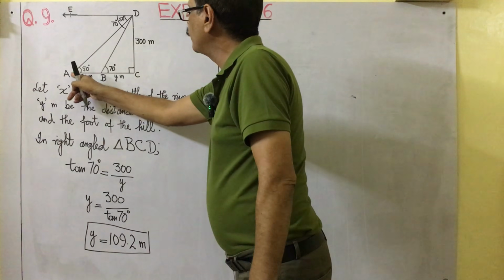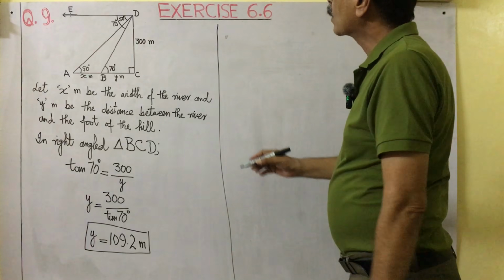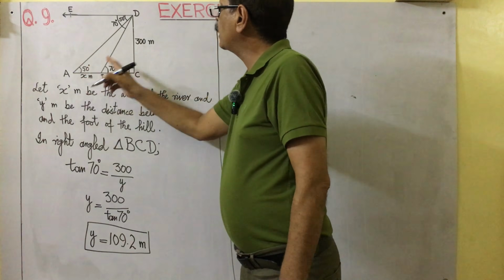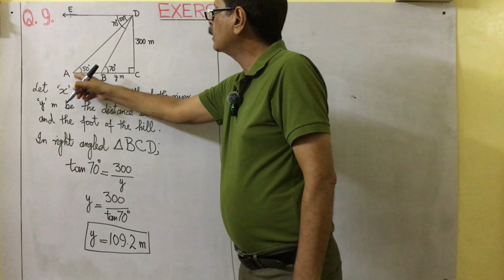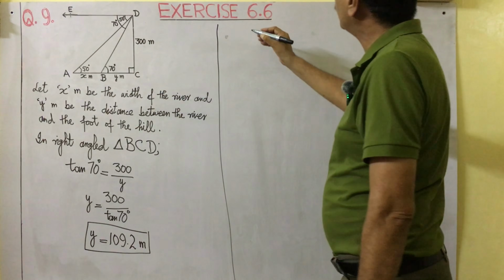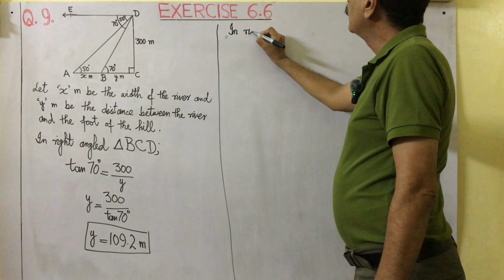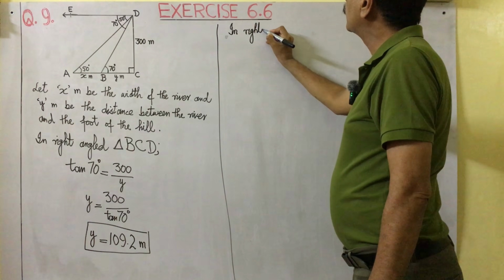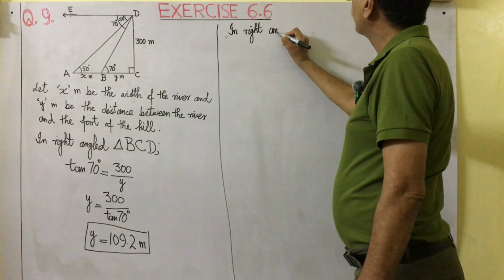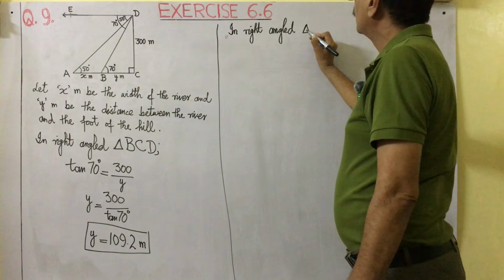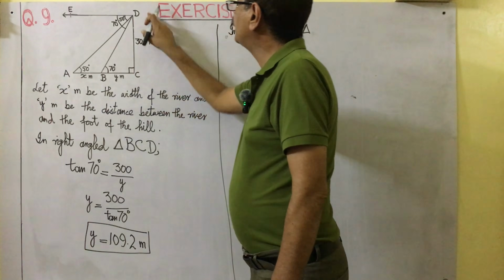This is the width of the river. Again in triangle ACD, ACD is the right angle triangle.